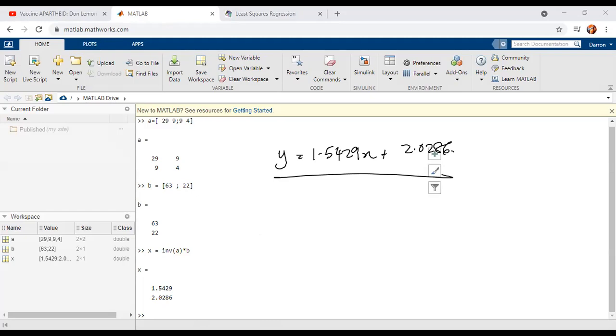Sir, at 9 you have, is that X? Run again. 1.5429x plus 86.